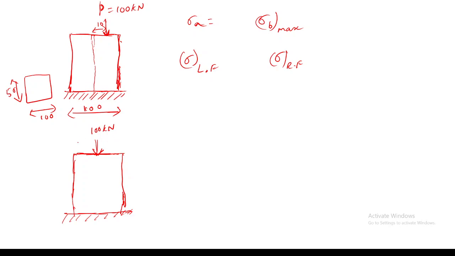Here it is 100 kilonewton, and here it will be 100 into 10. All the dimensions are in mm.